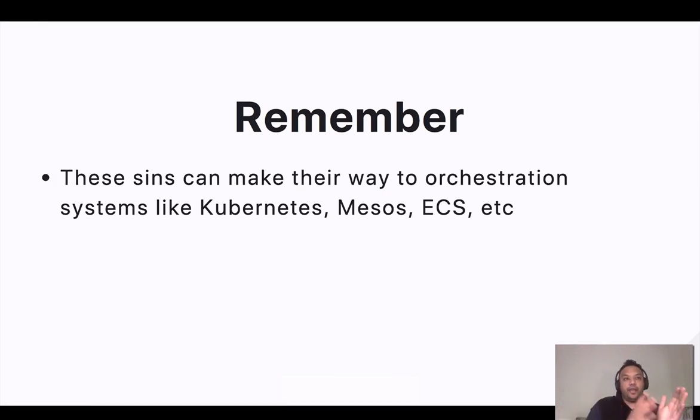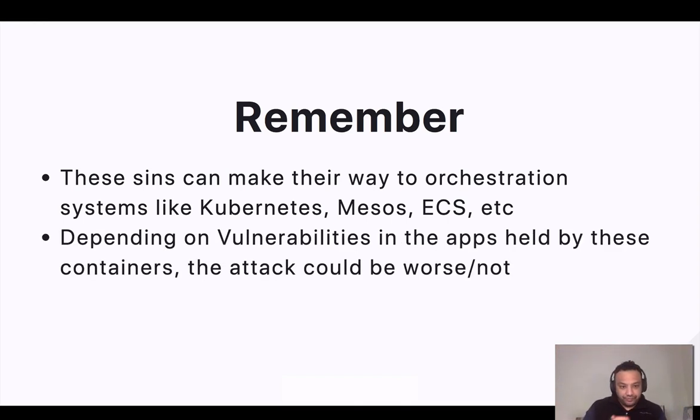The same kind of mistakes can also be made when you're using things like Kubernetes, Mesos, ECS, Fargate, and so on and so forth. So the mistakes that you make in terms of container security deployments when you're running them individually can also make their way into the way you run these containers in container orchestration systems.